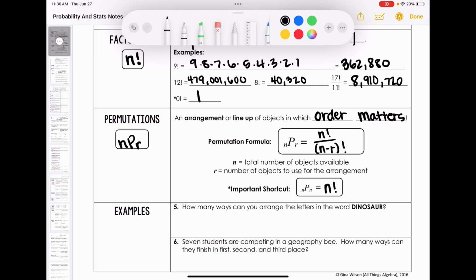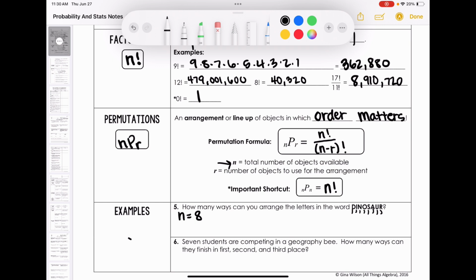All right, so number 5. How many ways can you arrange the letters in the word dinosaur? All right, so N stands for your total number of objects available. So N is going to be my total number of letters in dinosaur. 1, 2, 3, 4, 5, 6, 7, 8, and there's 8.